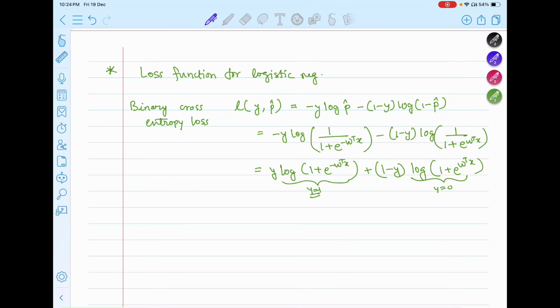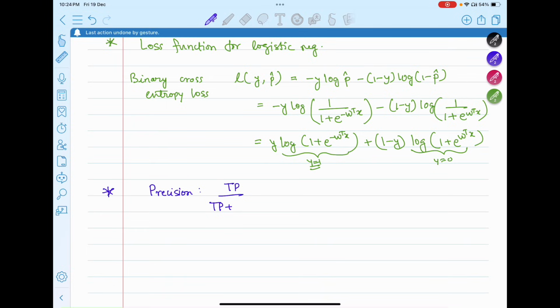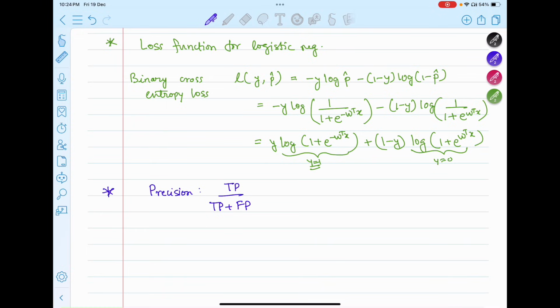Now let us discuss the metrics that are being used in classification, especially in logistic regression. One metric is called the precision. Precision is nothing but true positive by true positive plus false positive. Again, I hope everybody knows what is true positive and false positive.